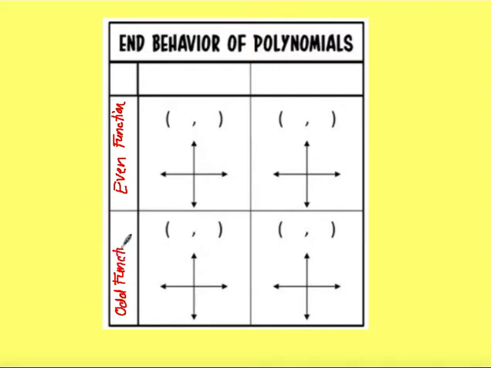Now we talked yesterday about the leading coefficient. The leading coefficient is going to have a lot to do with where the graph ends. So if you're talking about an even function, so that's your quadratics, that's your quartic functions to the 4th degree, to the 6th degree, to the 8th degree, if your leading coefficient is positive, or if it is negative, it's going to look very differently.